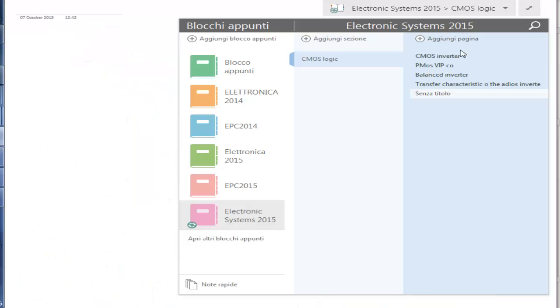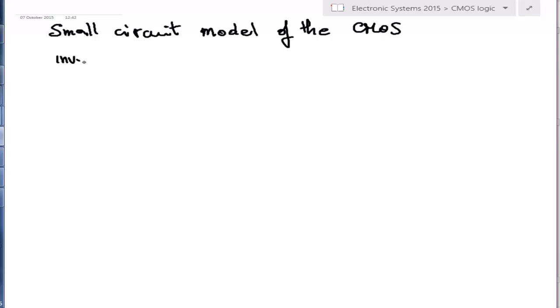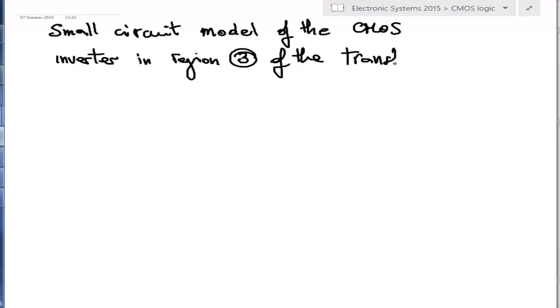Let me use the next line. Small circuit model, small signal model of the CMOS inverter in region 3 of the transfer characteristic. So this is Vin.